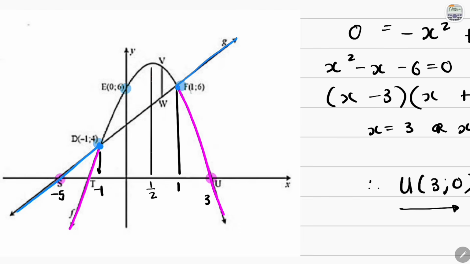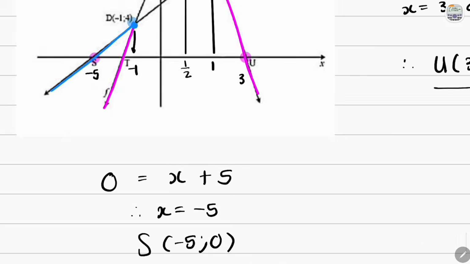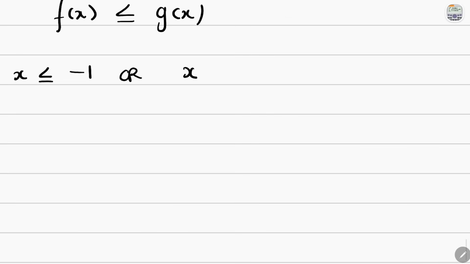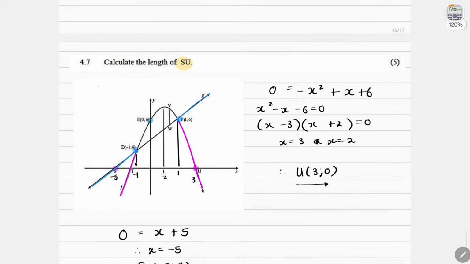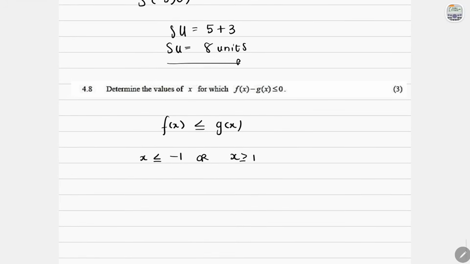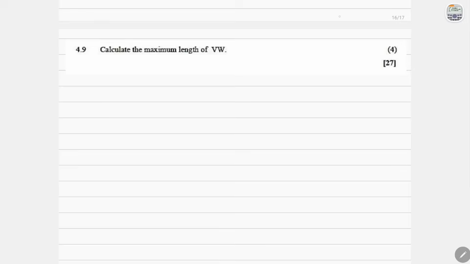And so it is values that are equal to 1 and greater than 1, because all of the parts selected are on the right hand side of 1. So all of these over here. So this is where x is greater than or equal to 1. And that is our answer. Okay, and that is it for this question. Moving on to the next question.